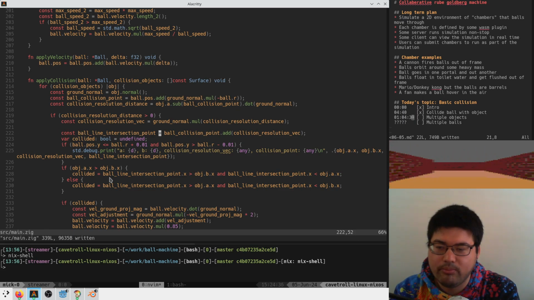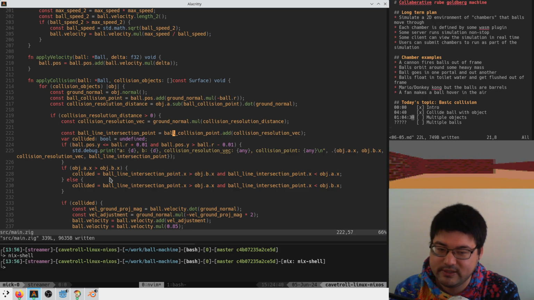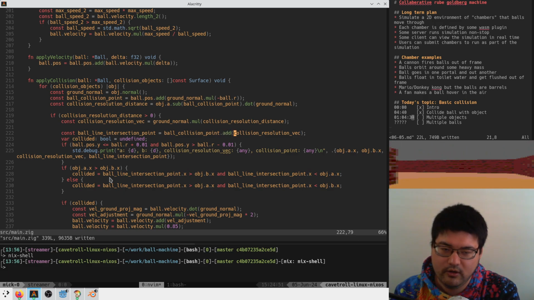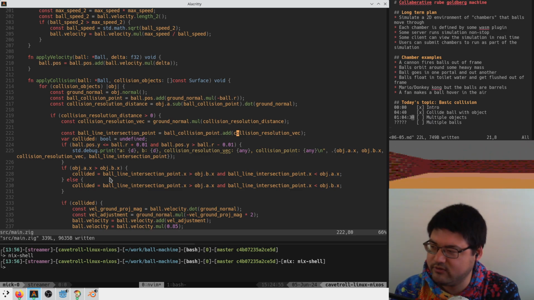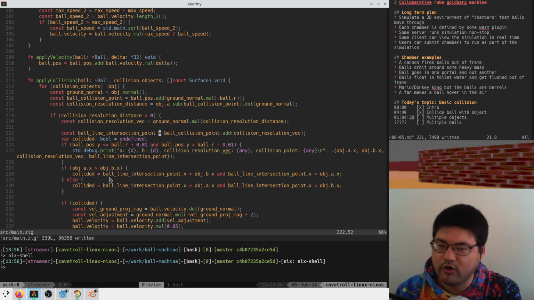Then here, our ball line intersection point is the ball collision point in absolute space with the resolution vector. Okay. So in our failure case, the collision resolution vector is going up and to the right, which we think is correct. And the ball intersection point is just like, hey, I'm too far to the right.